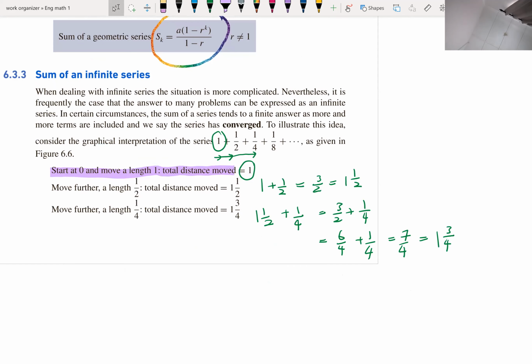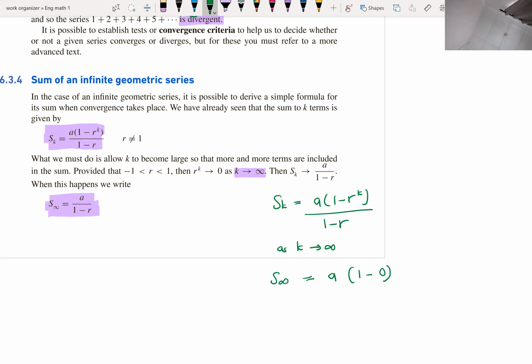So this becomes S infinity equals a times 1 minus 0, because r to the power infinity will be 0, divided by 1 minus r.